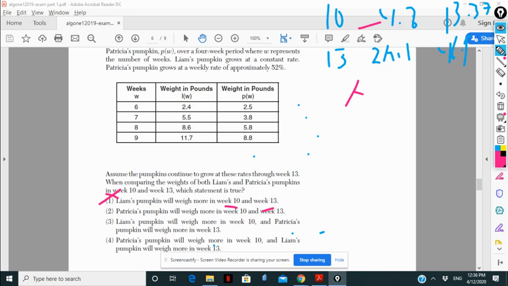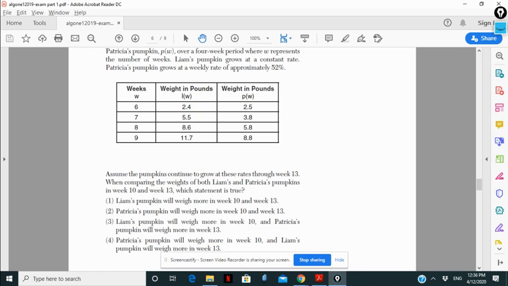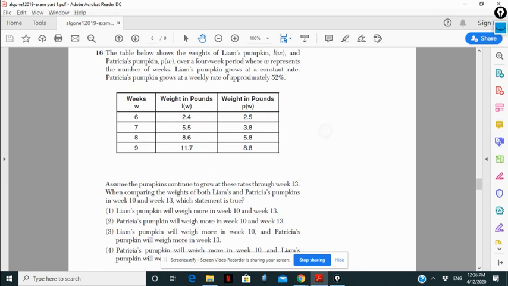So this one is incorrect. Patricia's pumpkin weighs more in week 10 and 13: it's okay in 13, but it's not correct in 10. Lima's pumpkin weighs more in week 10, but Patricia's weighs more in week 13, that's the correct one. So the answer should be 3. So for 16, the answer is 3.